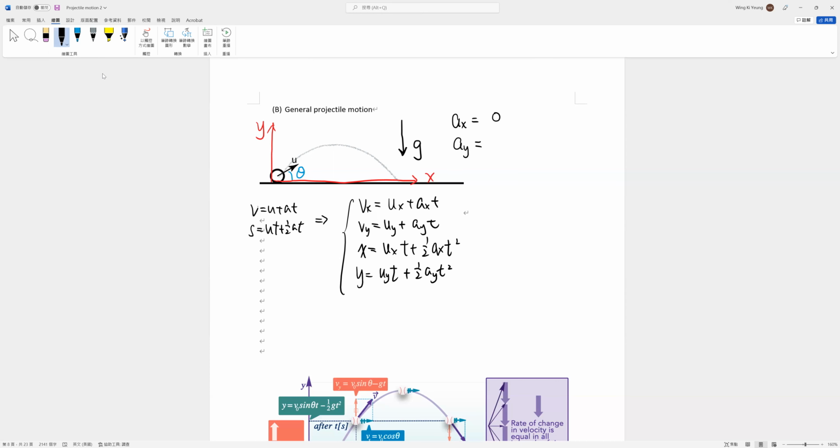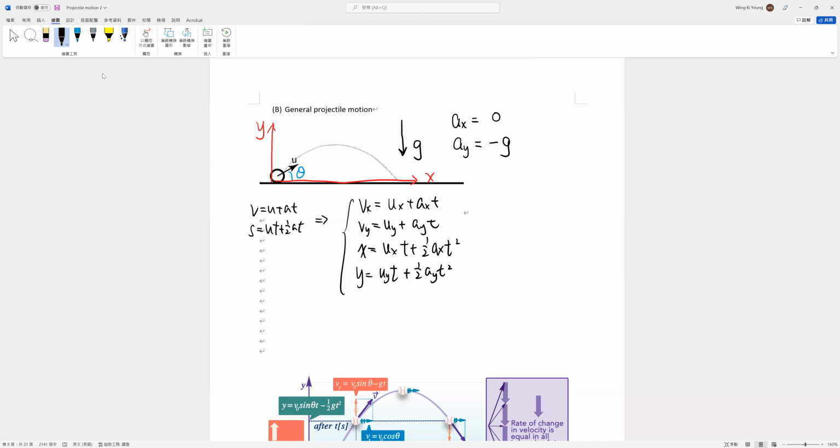How about the AY? We need to take it to be negative g, because I let upwards to be positive, and downwards to be negative. Then the acceleration should be negative g instead of positive g. It will be more natural to let upwards be positive, because in this case the object is first moving up and then moving down later on.